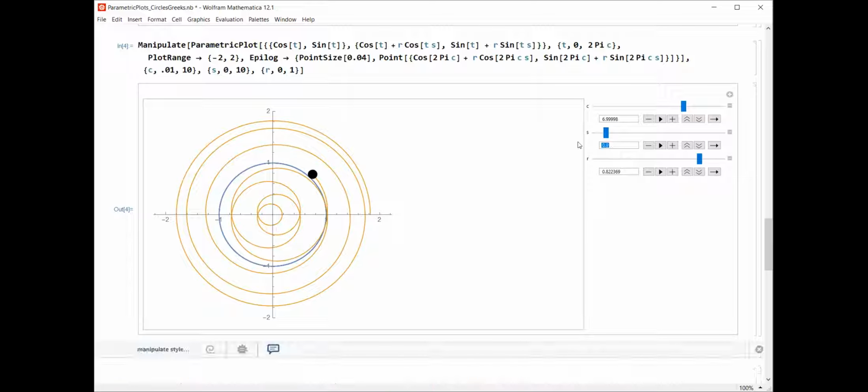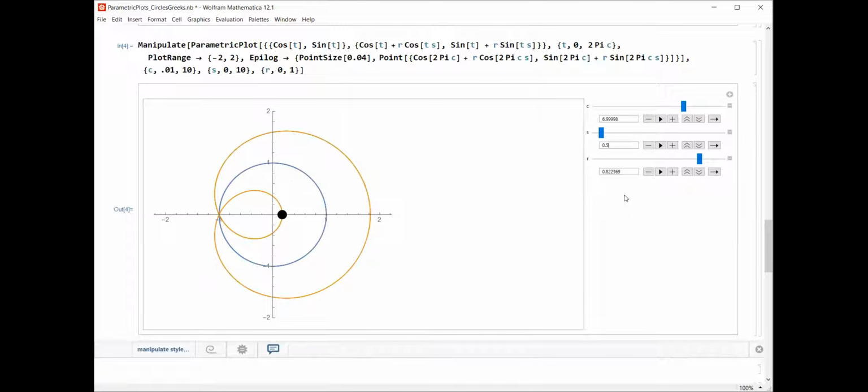So let's make s equal to 0.5. Rational numbers will work out nicely. And now, let's see what happens. And now you can see a more interesting curve that it's going to pass around. And this is actually a much better choice than what I did in the first section.